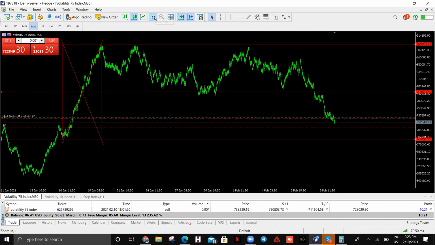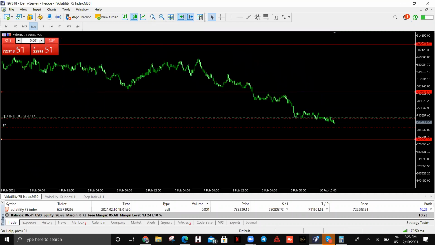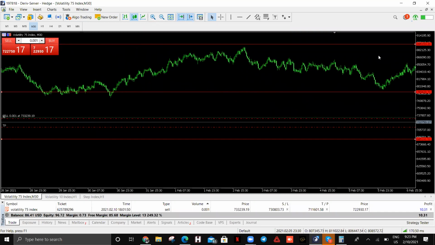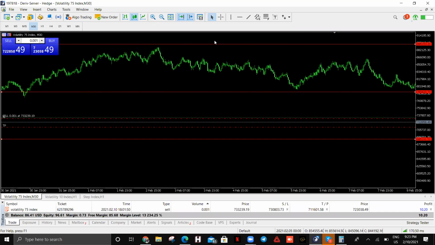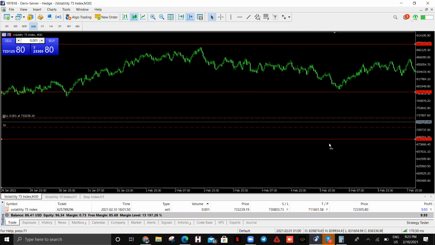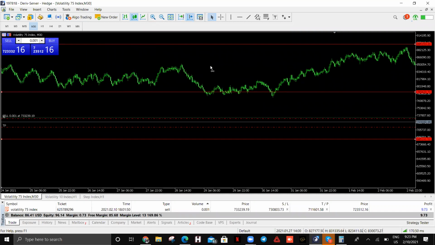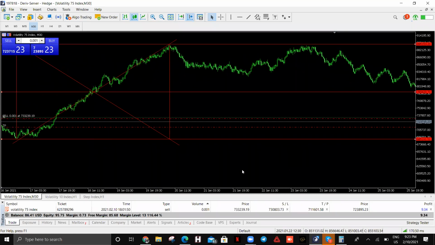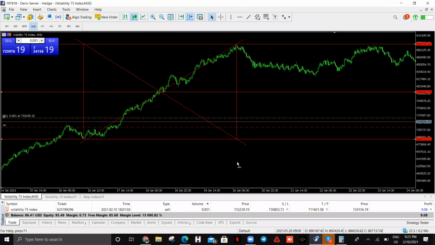I need to zoom this so I can see the 1 minute. I need to see the intersection so I won't make a mistake. Okay, I was correct.